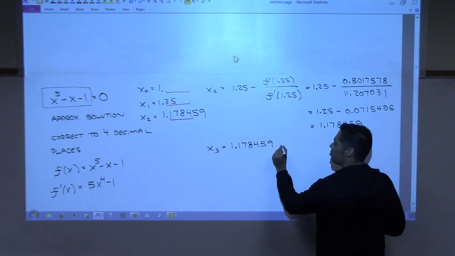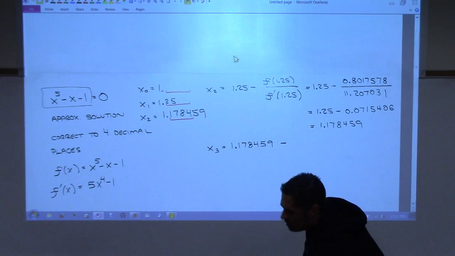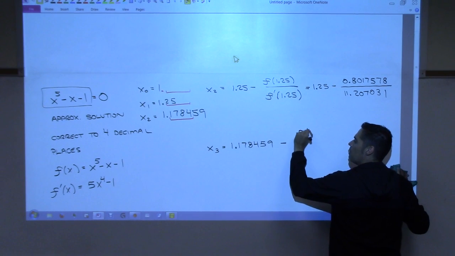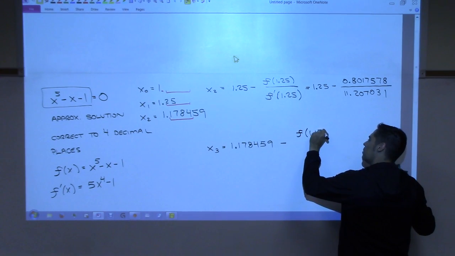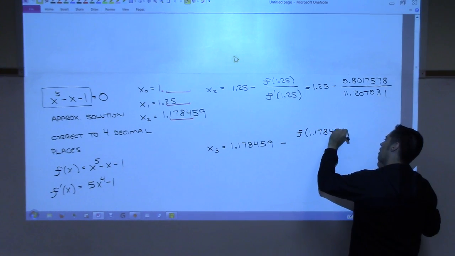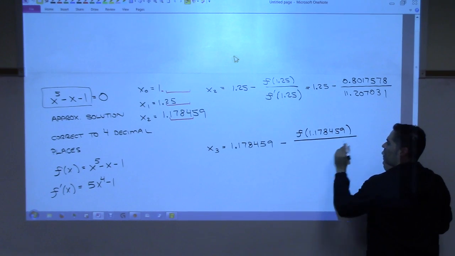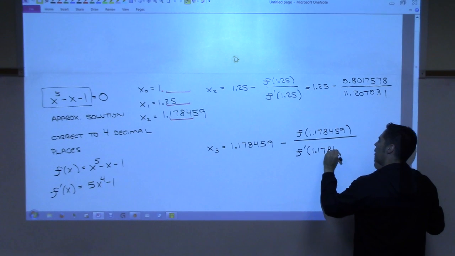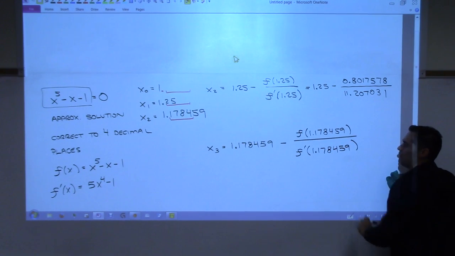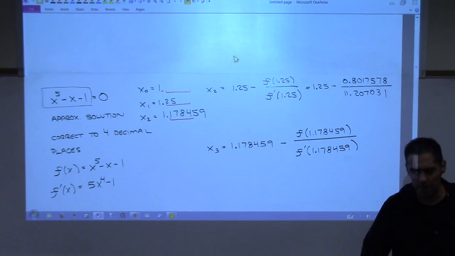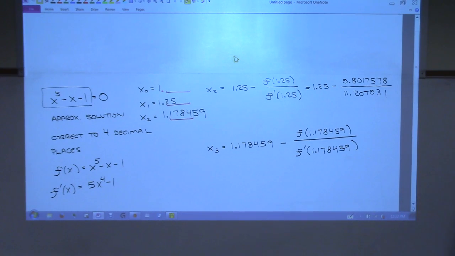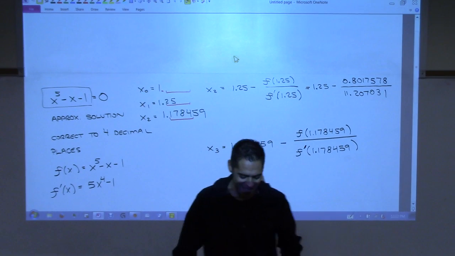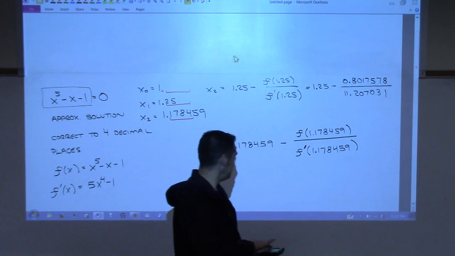That's X sub 2 minus f of x sub 2, so f of 1.178459. There's a lot of room for error here, right, doing this by hand? Which again is another reason why the computer is more efficient with this, because it doesn't make arithmetic errors.